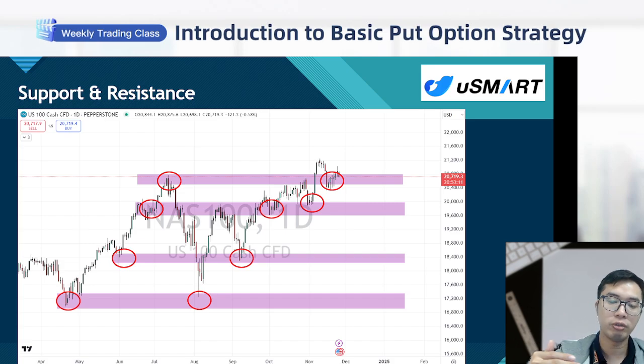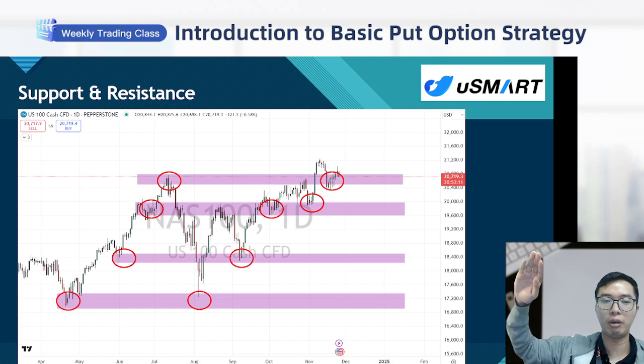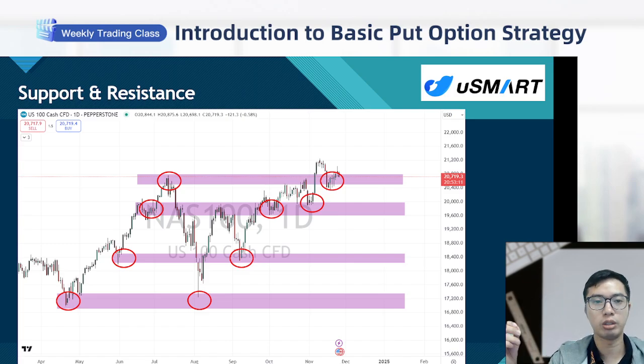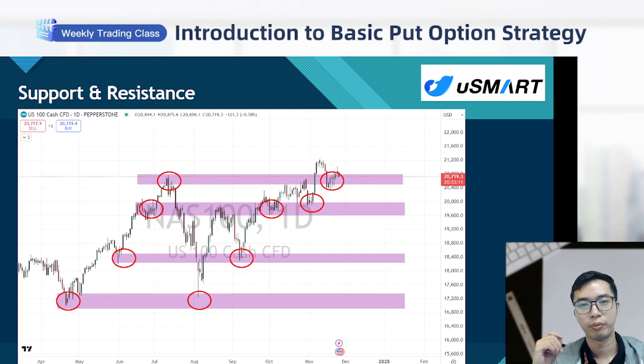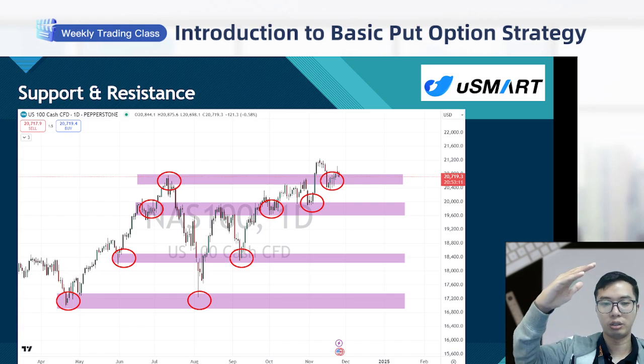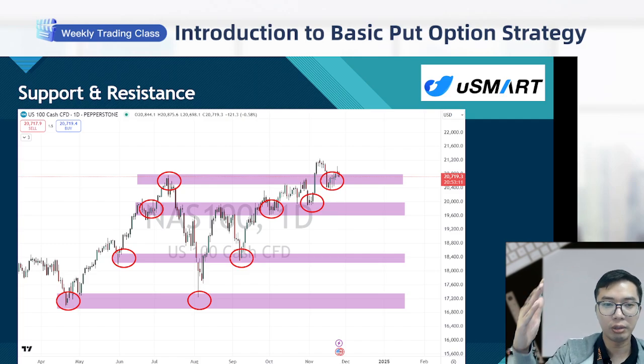Then if the price moves towards the resistance and rejects, and then another time it moves up, it also rejects. There is a strong signal that it rejects. Then we can consider opening a put option. We can consider going long a put option because we want to trade the short-term downtrend or long-term downtrend.